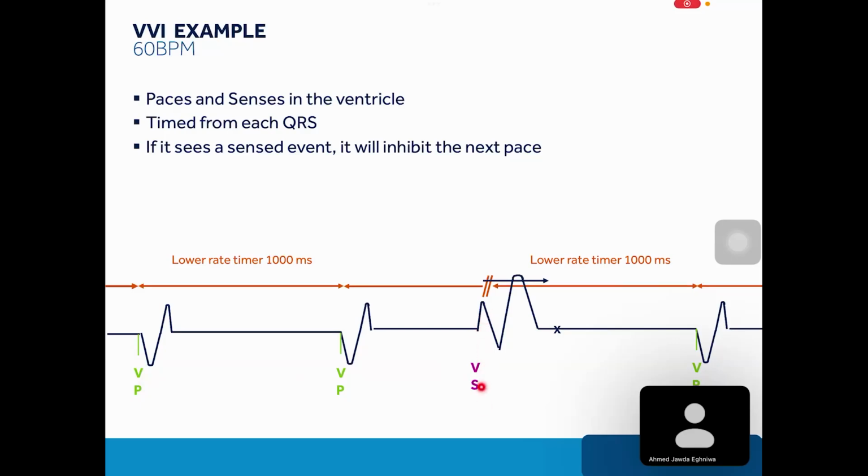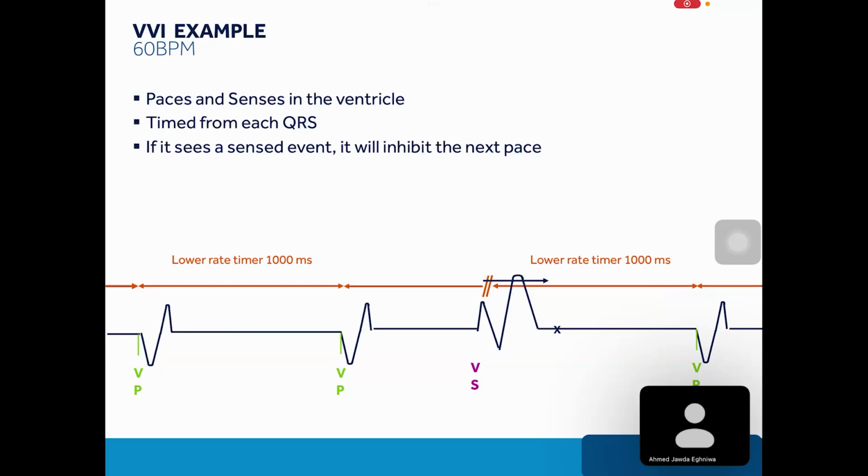When it senses intrinsic activity, at the expected time of pacing here it will not pace, as it already sensed. That means inhibition of pacing due to a sensed event, and it will create a lower rate limit timer and start pacing after the timer, that means 1000 milliseconds. Here it will pace again after that. Is it clear?